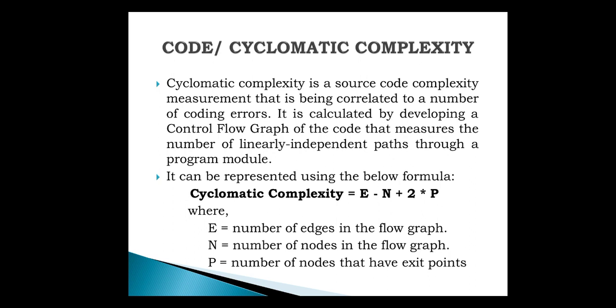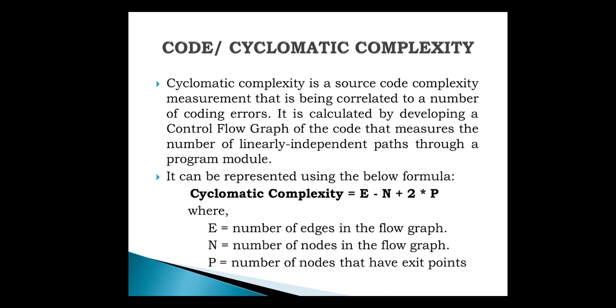From this statement, I think it will not give you a clear idea, but after viewing the example you will get a clear idea of what is the code complexity, or cyclomatic complexity. For that we need to go through this formula.